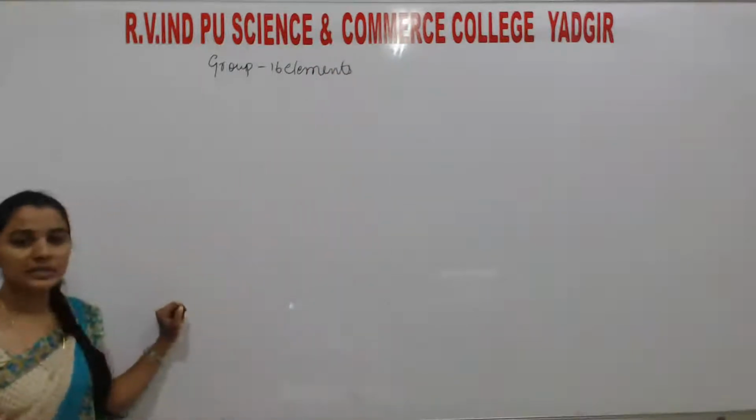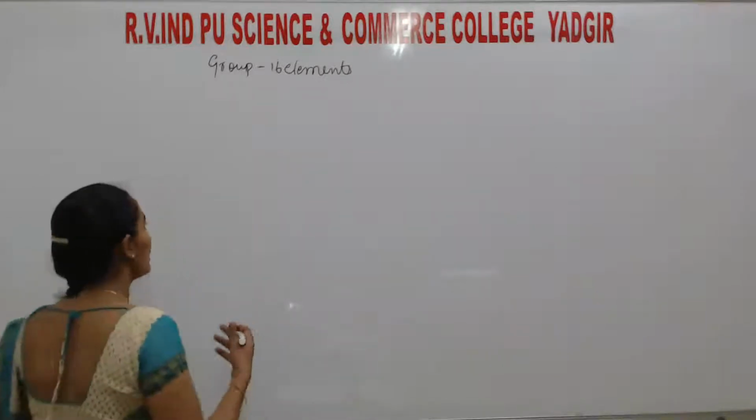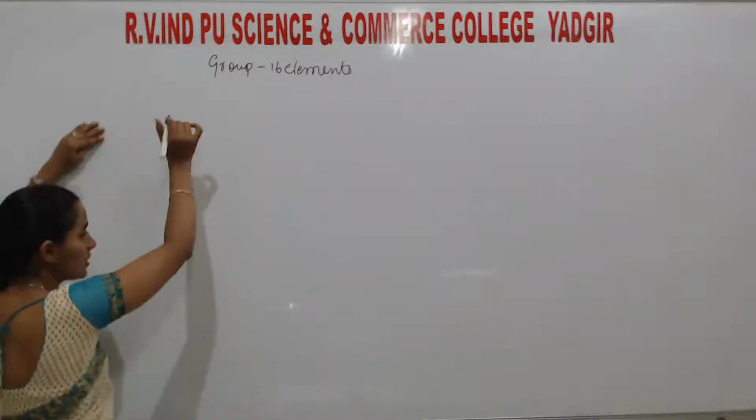Group 16 elements are called the oxygen family. What are the elements present in there? The last one is a radioactive element.